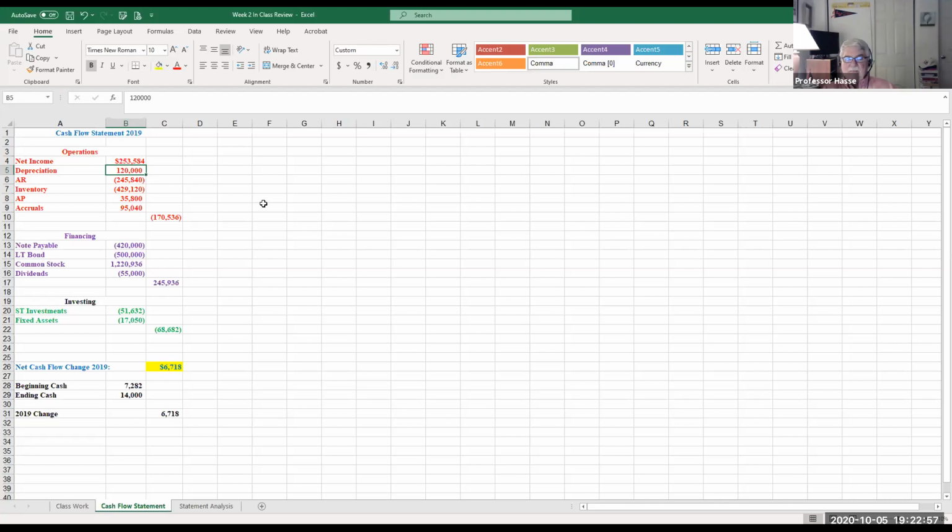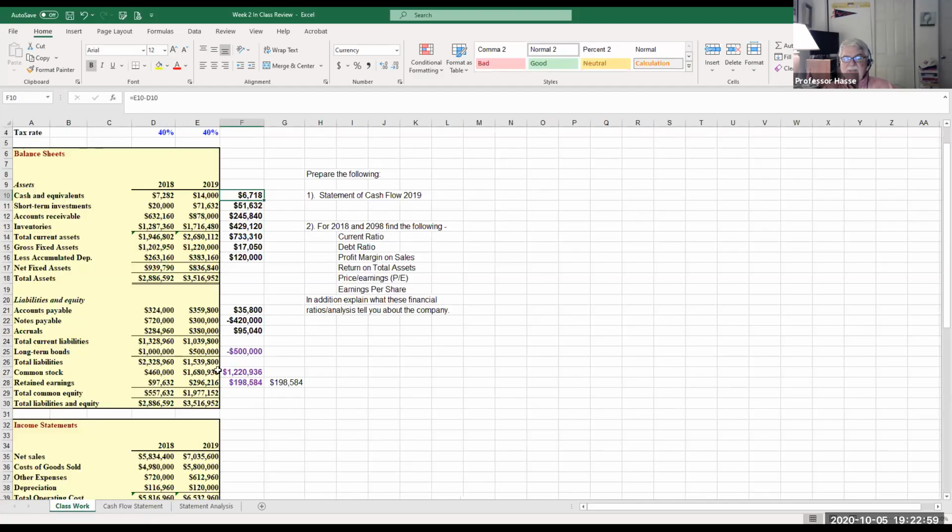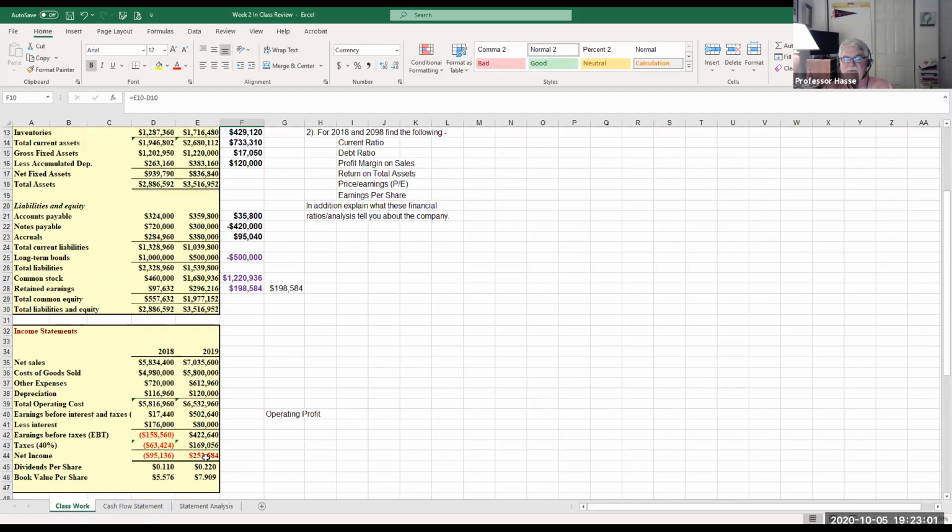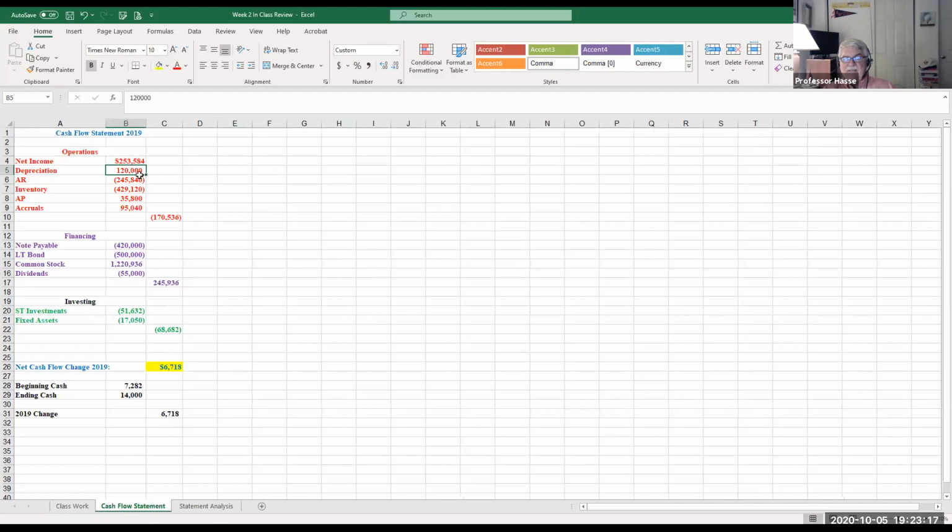Yes, because really this company made in cash profits 253,584 plus the depreciation. They actually made more money in cash flow because of the depreciation, because they're not spending cash here. So that's why we add it back in to the cash flow.